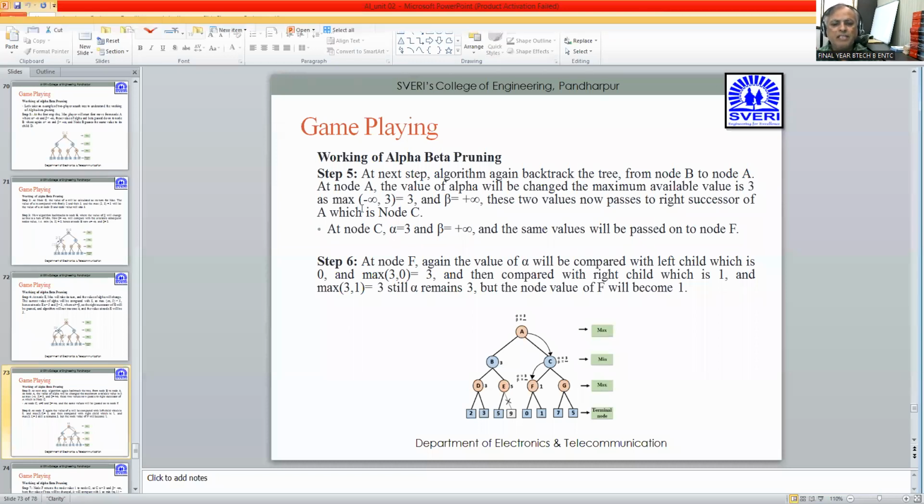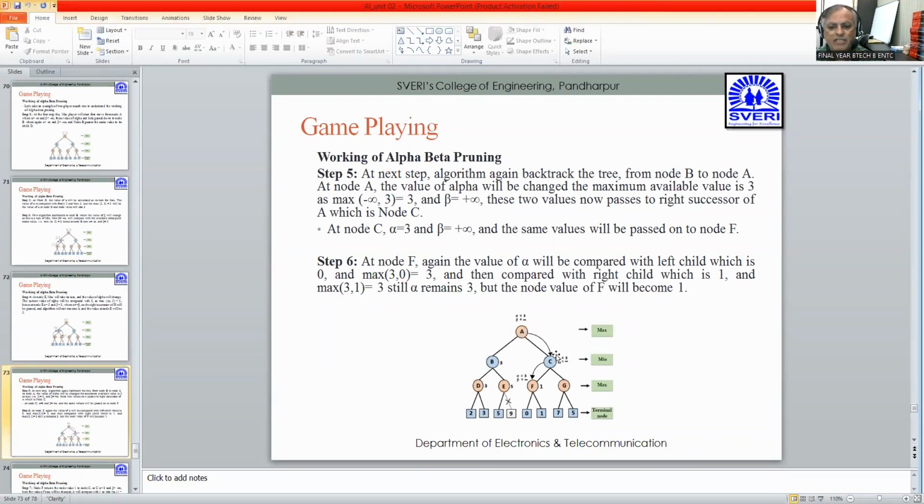Okay, so in this case, maximizer will be minus infinity and 3, which is nothing but 3, where beta is equal to plus infinity. These two values now pass to the right successor of A, that is node C. अभी यहां तक आ गए हम, यहां से 3 वैल्यू इधर चली गई. सो यहां से 3 वैल्यू इधर चली गई, मतलब अभी अल्फा 3 हो गया और बीटा आपका इंफिनिटी है.